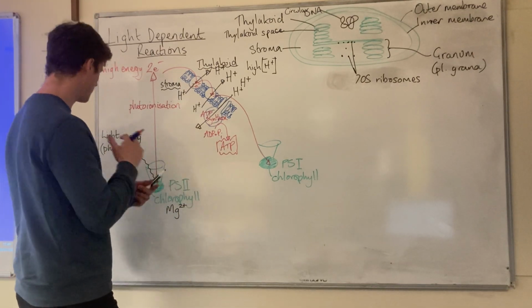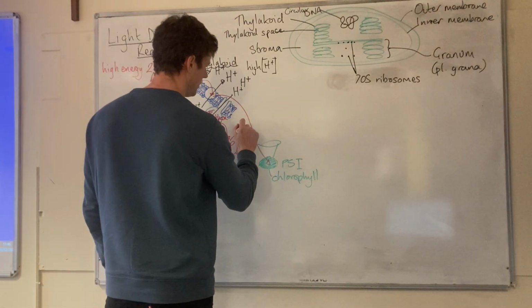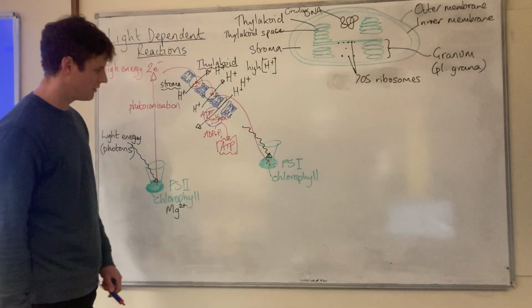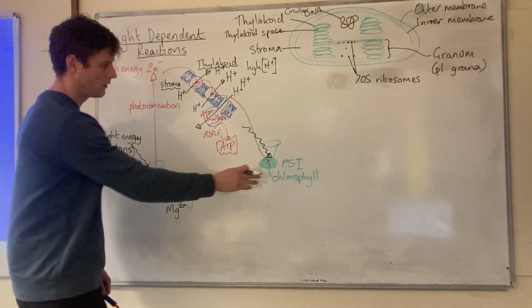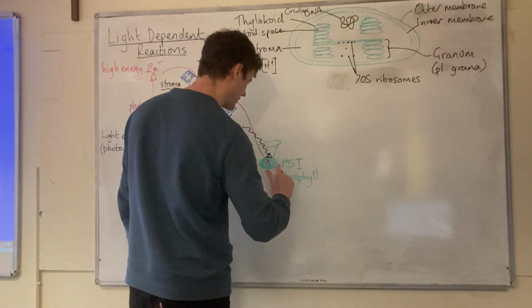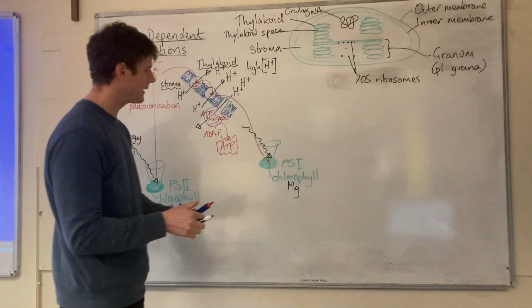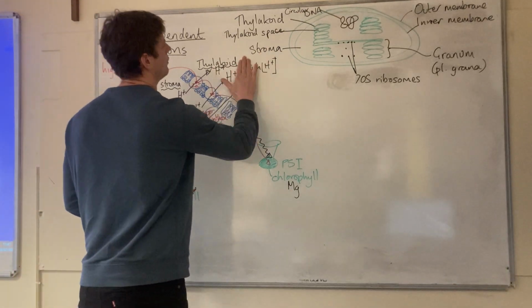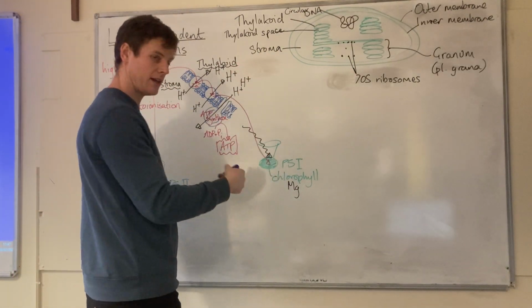So photosystem 1, just like photosystem 2, is also able to absorb light energy, photons. Chlorophyll is in the middle, so it also contains magnesium. And you can probably guess what's going to happen next. And you'd be right. I'm just going to rub that bit out there. Magnesium is ionized again.